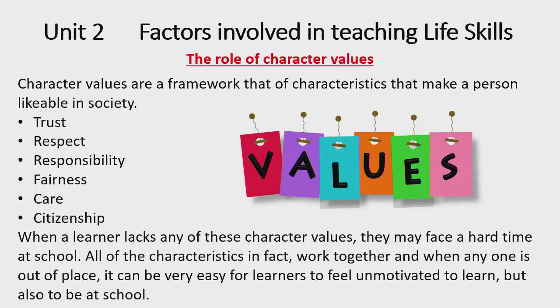All of the characteristics, in fact, work together, and when any one is out of place, it can be very easy for learners to feel unmotivated to learn, but also to be in school. So as you can see, they also overlap, they go together. If one is not balanced, then it might have an effect on all the other values.